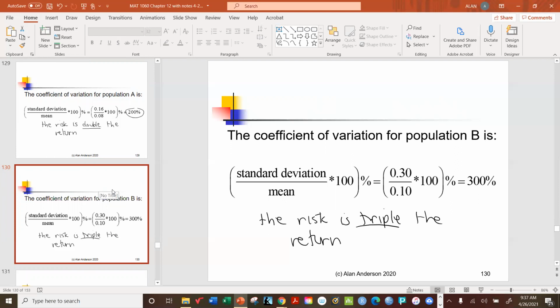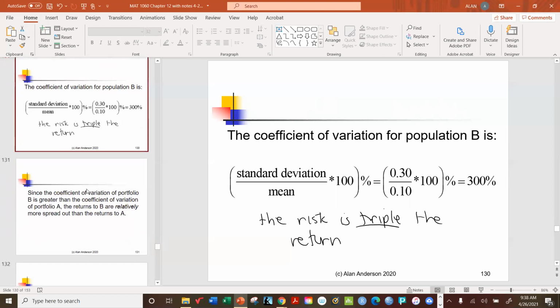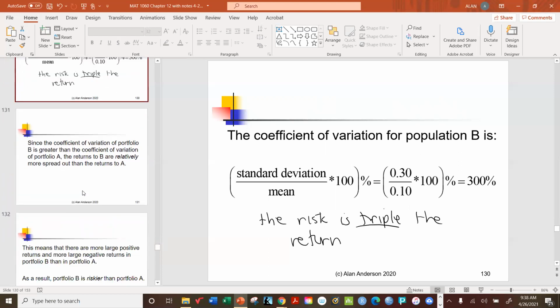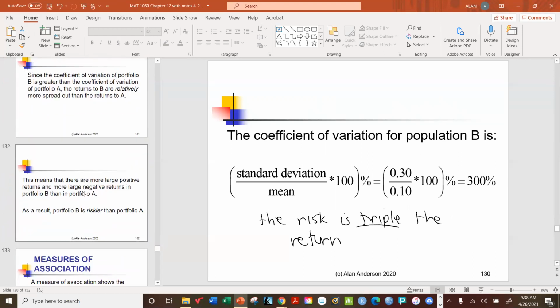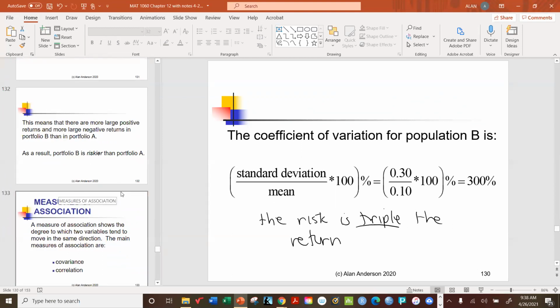All right. Now, it turns out that there's actually another set of measures that we would like to consider, but these are different because instead of looking at the properties of a single sample or a single population, we're going to be looking at the relationship between two different samples or two different populations.